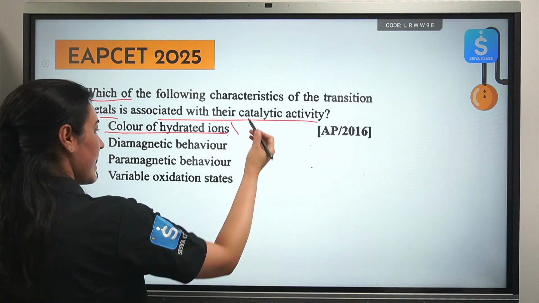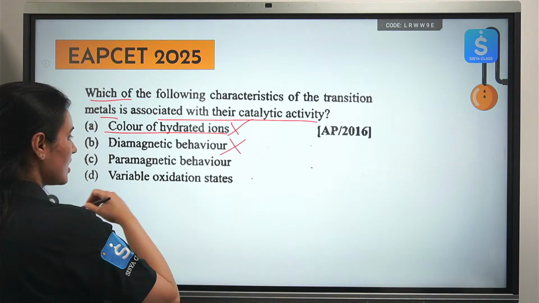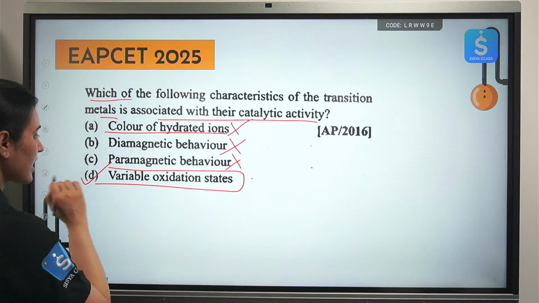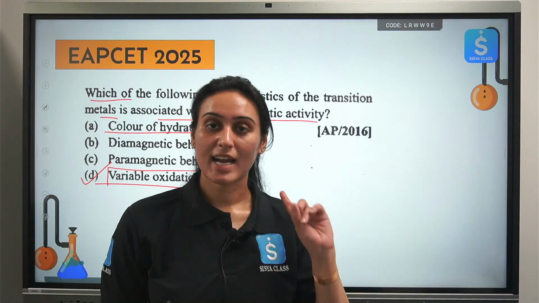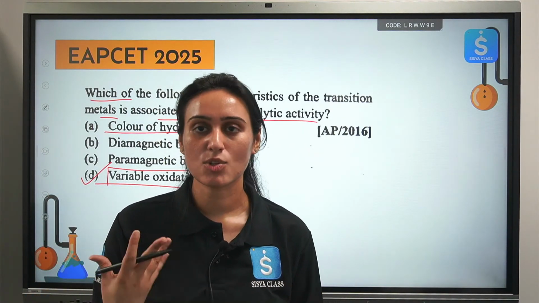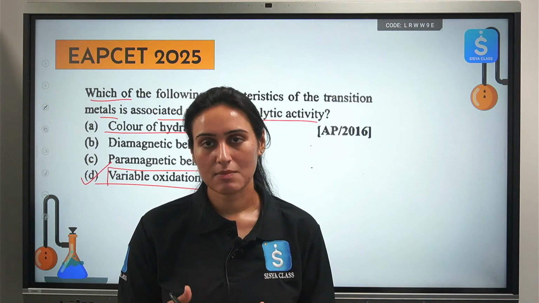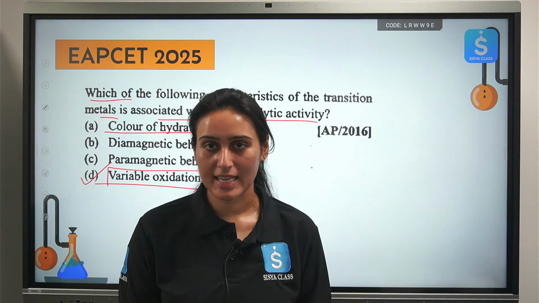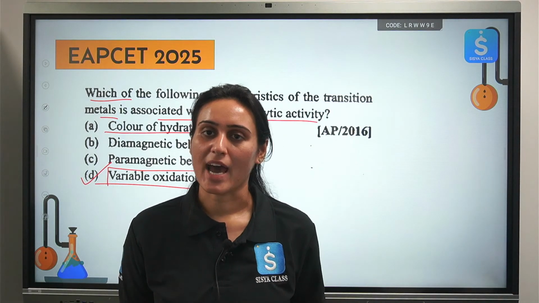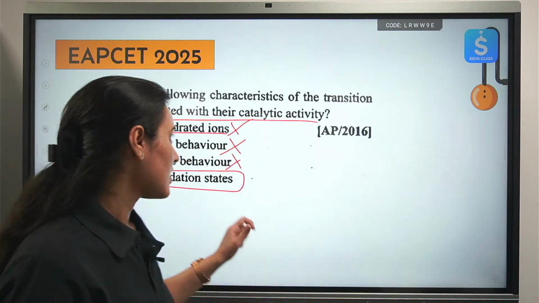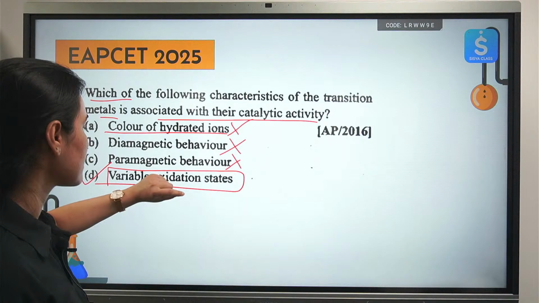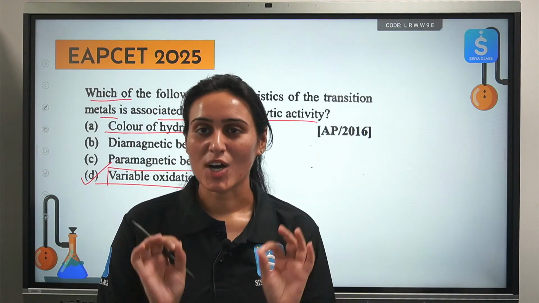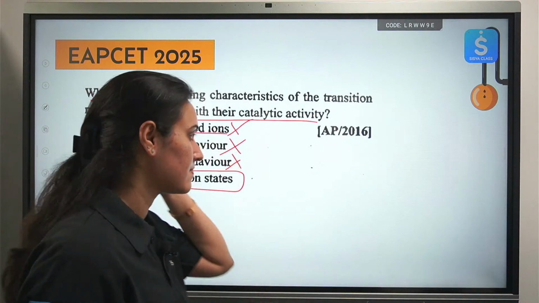No. Diamagnetic behavior? No. Paramagnetic behavior? No. I told you, variable oxidation state. So in that question, if they would have written the reason to be that transition elements show variable oxidation state, that is why we use them as catalysts, then that question would have been correct. Okay, so the reason for catalytic activity is variable oxidation state.